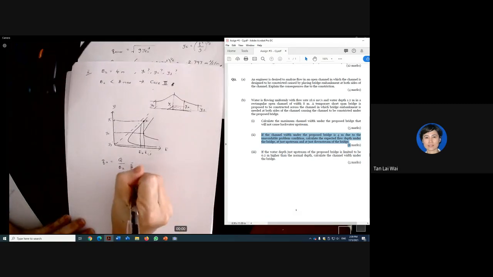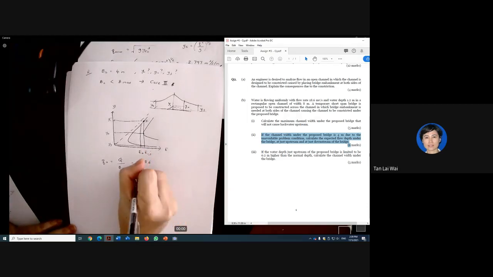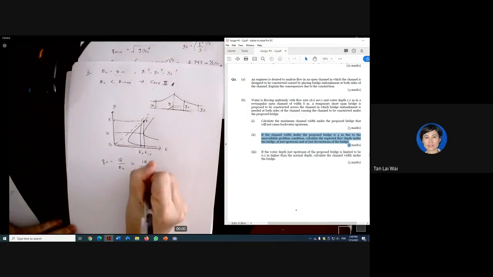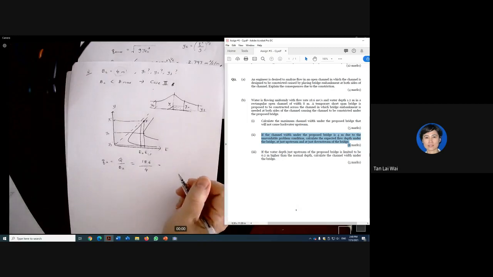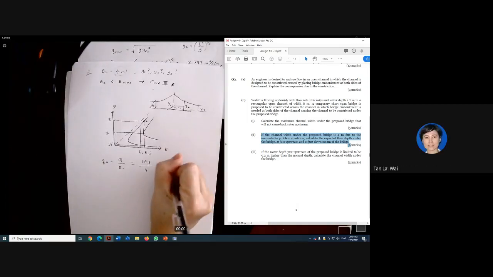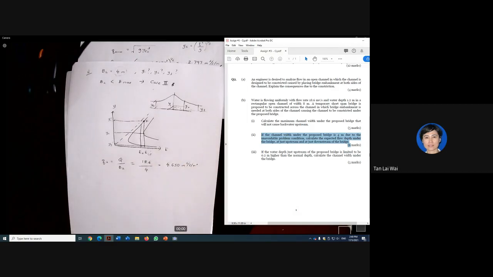My Q is constant, which is 18.6, and my B2 would be the new one, 4 meter. So what is my Q2? 4.650, meter cube per second per meter.